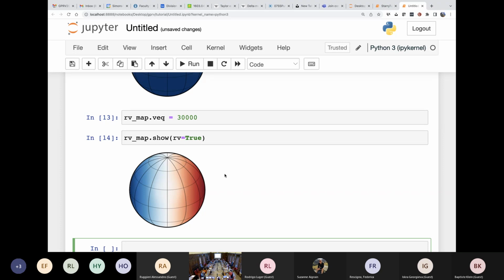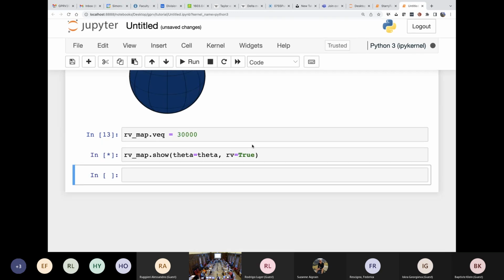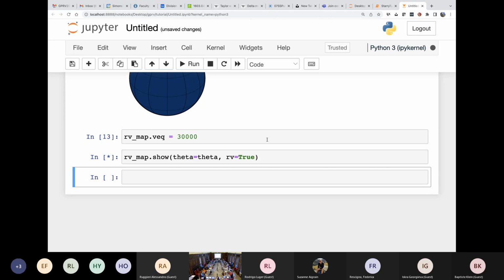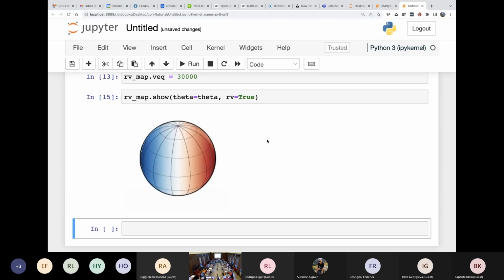The colors correspond to blue shifted, red shifted, so negative velocity, positive velocity. And if you're able to animate it, you'll see that the spot imparts a signature there. You have less blue shifted emission as the spot comes into view, less red shifted emission as it goes out of view.